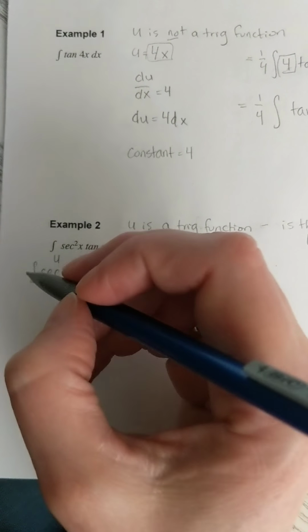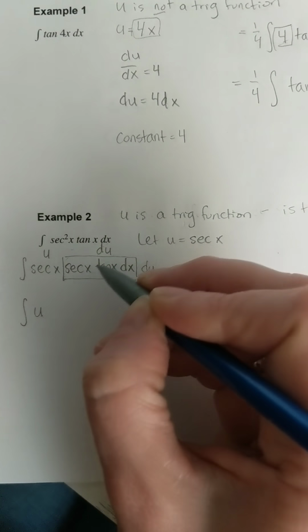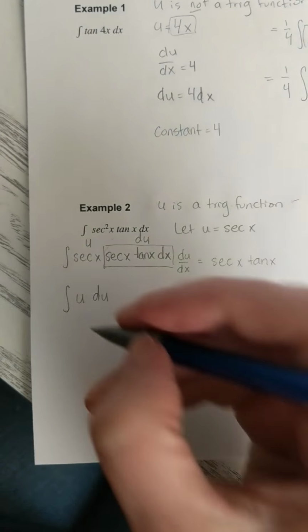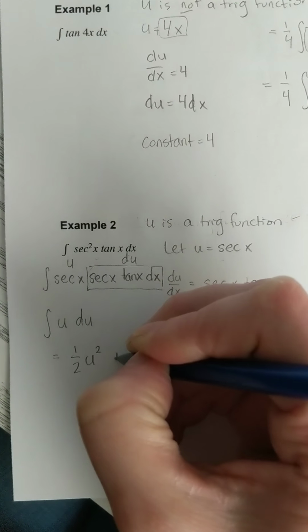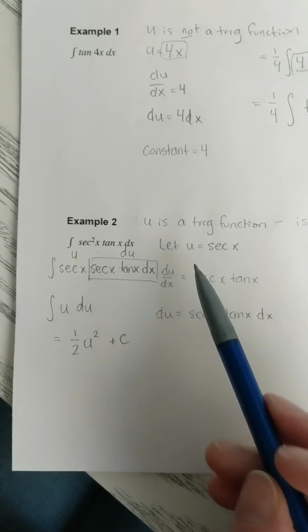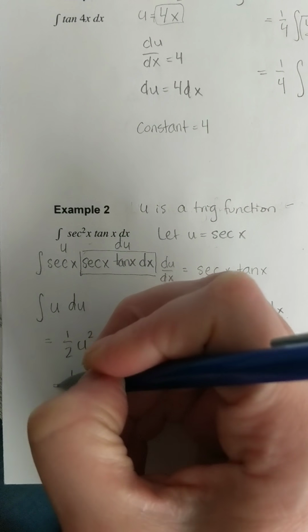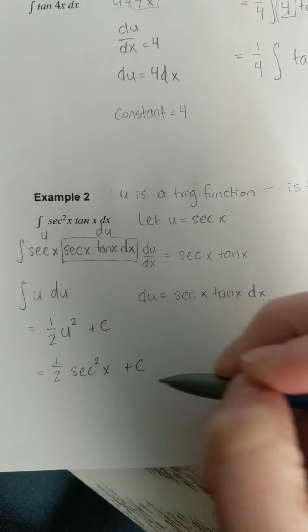So now I'm going to integrate it with substitution. So I've got the integral of u du. The integral of u is 1/2 u squared plus c. And now I just put my secant back in there. So I have 1/2 secant squared of x plus c.